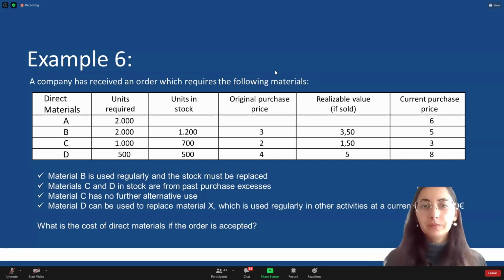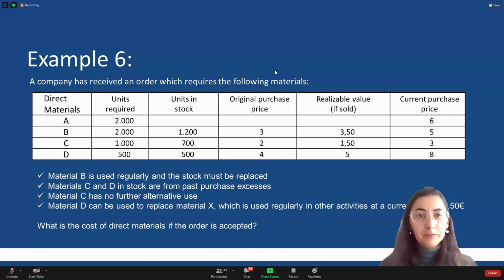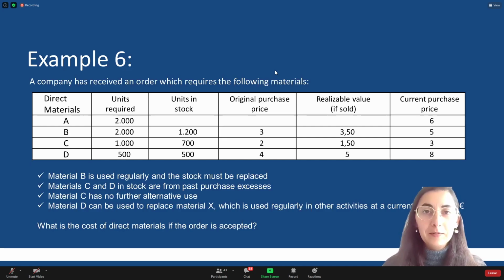So what is the best? Yeah, I was just wondering, if we use it for another material, why should we sell it? So let's think about what would be the best. Is it best to sell or is it best to replace? But if we sold, we would have to buy it again, right, to use it for material X?